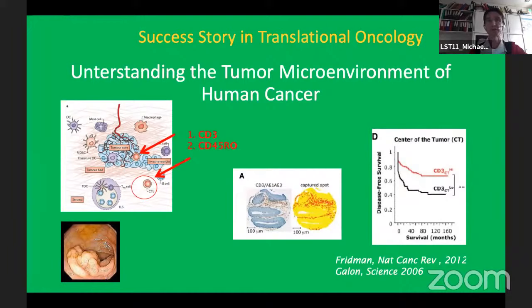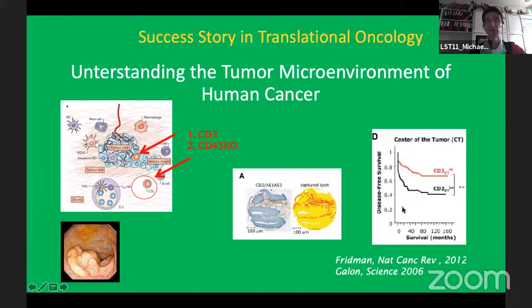And one success story in translational medicine is understanding the tumor microenvironment of human cancer. I think Jérôme Galon was one of the first who brought more attention to that, because a tumor does not only consist of tumor cells, but also of immune cells.